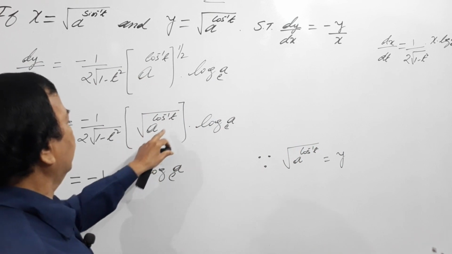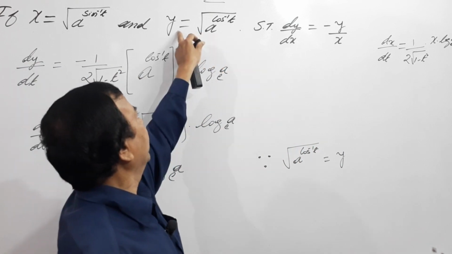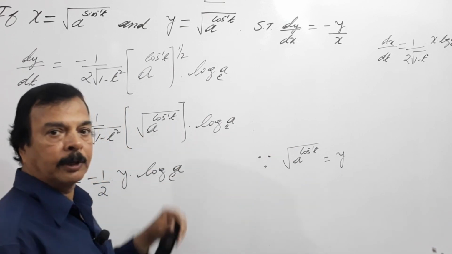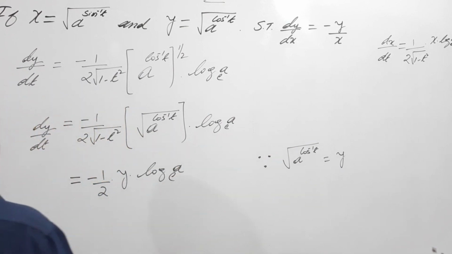See this, a to the power of cos inverse t is nothing but y. y equals a to the power of cos inverse t. So I have substituted that. So this is our dy by dt.